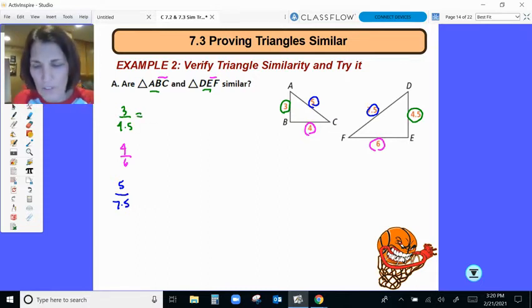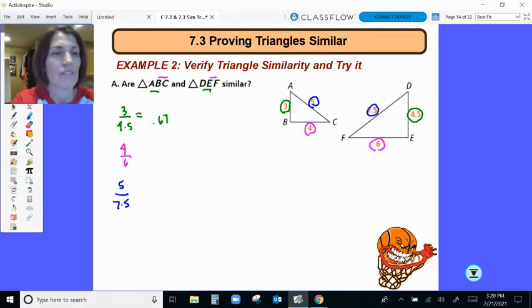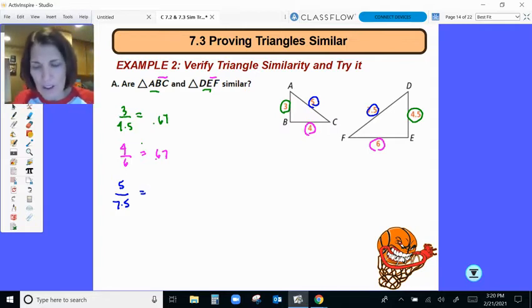Well, 3 divided by 4.5 is 0.67. 4 over 6 is 0.67, right? How about 5 over 7.5? 5 divided by 7.5 is also 0.67. So this is yes.